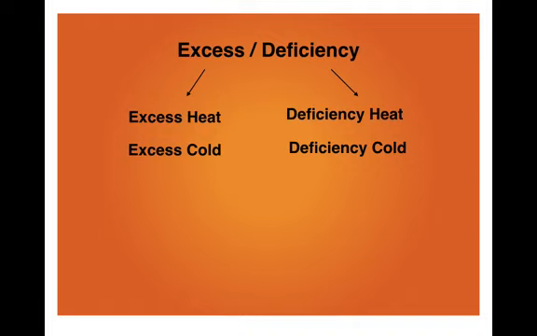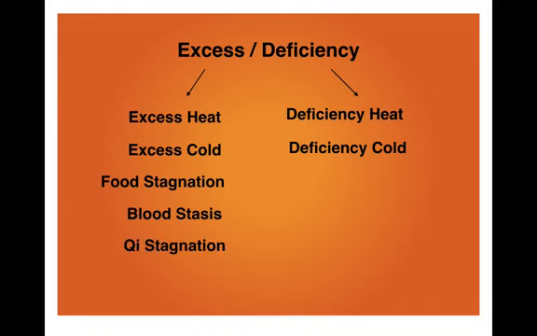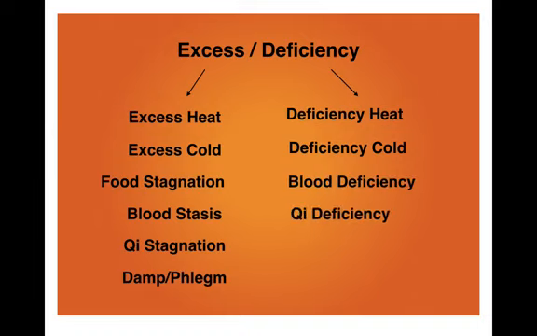We also have deficiency cold. We have food stagnation, blood stasis, and qi stagnation, and then last of all, damp and phlegm. Now, on the deficiency side, we said deficiency heat is yin deficiency, deficiency cold is yang deficiency. Then we have blood deficiency, we have qi deficiency, and that's pretty much it.